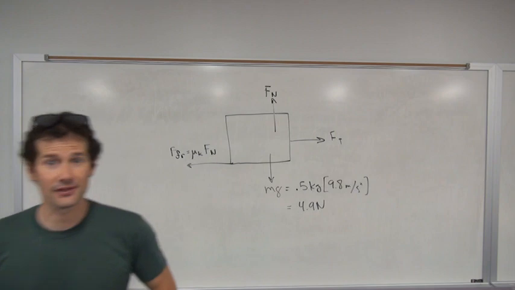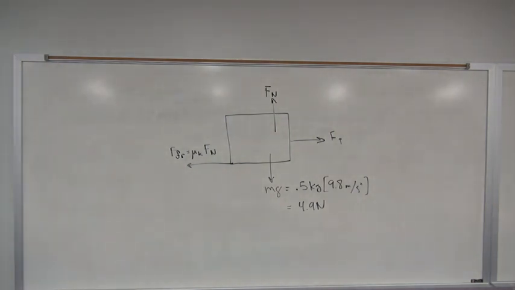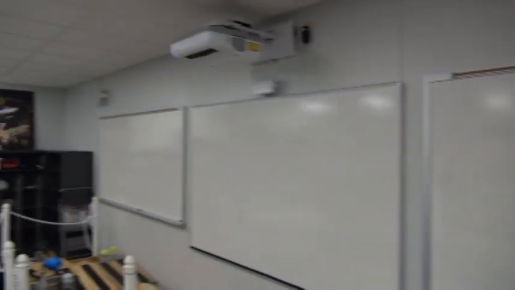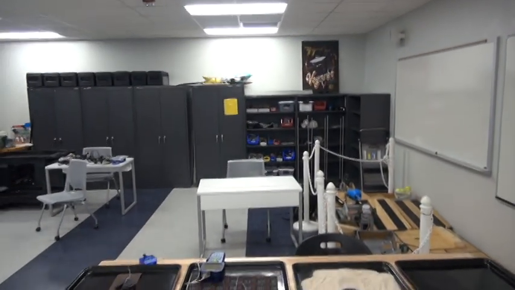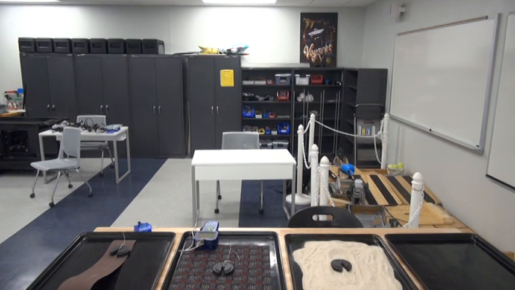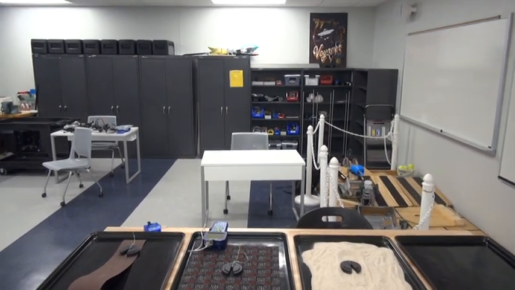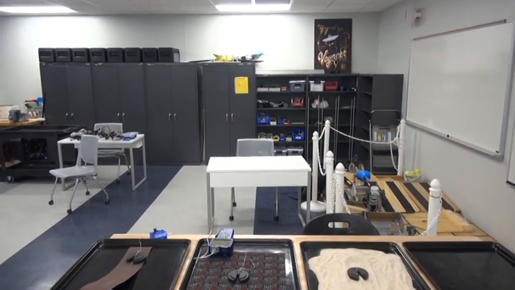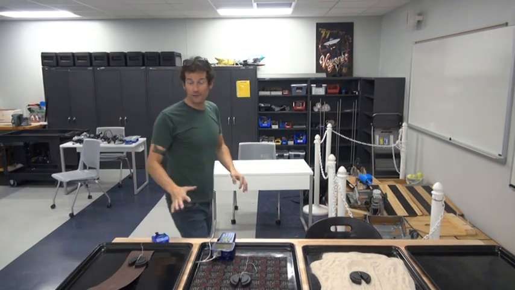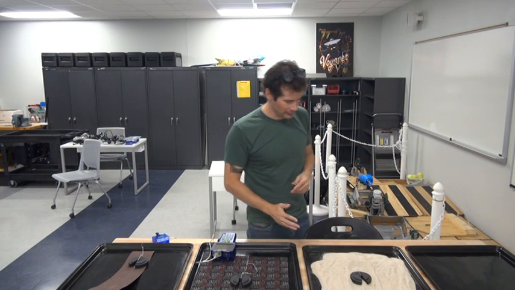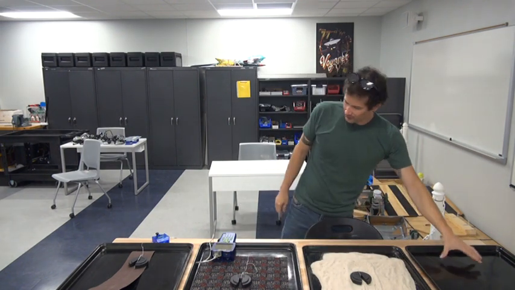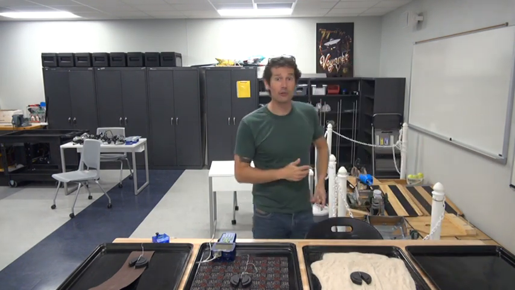We're going to do 4 surfaces, so I'm going to maneuver the camera back around this way. All right, as you can see right here, I've got 4 different surfaces: 320 grain sandpaper, some industrial carpet, some coarse sand, and a regular plastic tray.